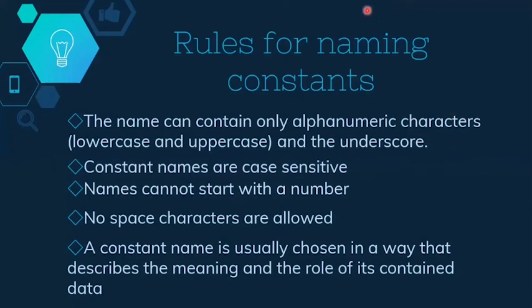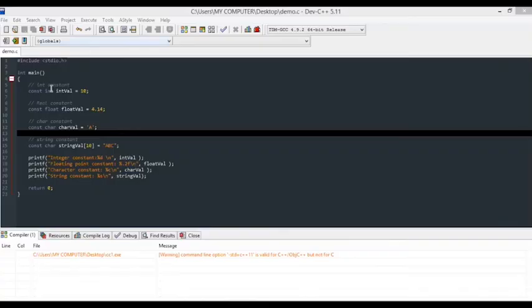Now for the next part, I will be demonstrating for a little bit how to use named constants. So here we have a very simple C program wherein we have an int constant int val, a named constant float val, char val, and string val.